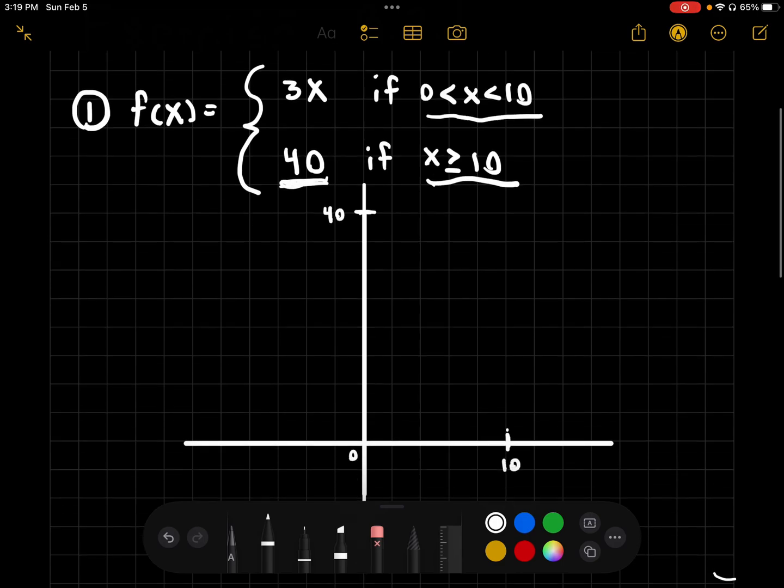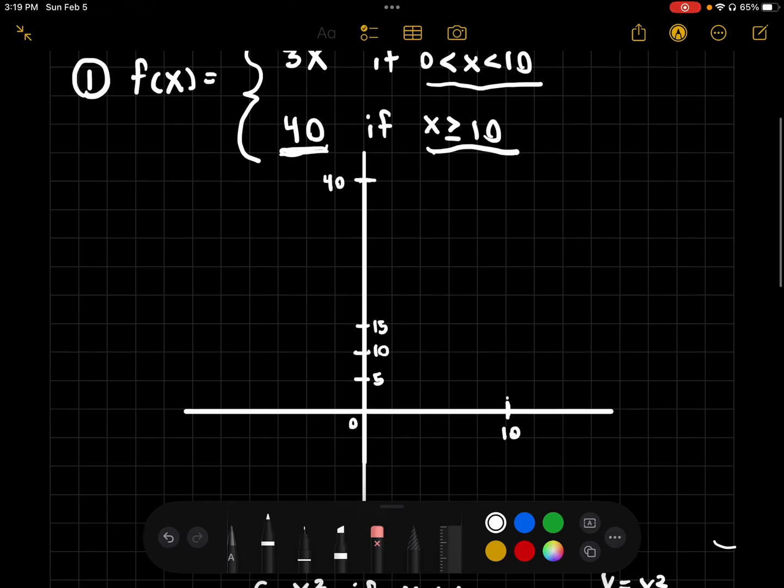So what I had to do here, and of course I did have to think about this for a minute, is I made every little tick mark on the y-axis 5, and on the x-axis I made every little tick mark 2. So this is 2, 4, 6, 8, and so on, 10.